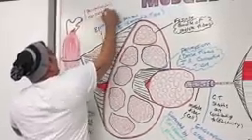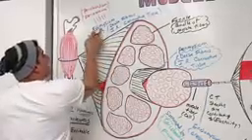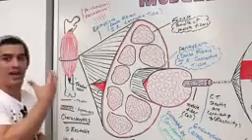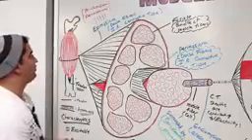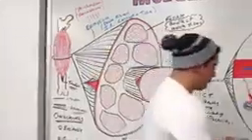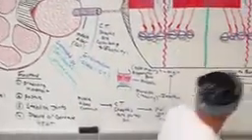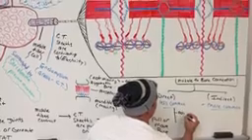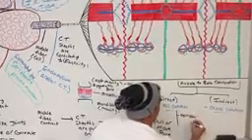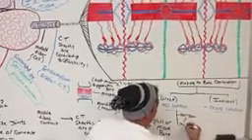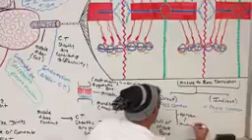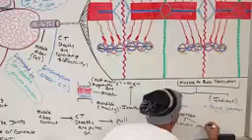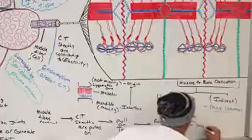Any connection between the epimysium and the periosteum or the perichondrium is a direct connection. So let's write that one down. Any direct connection, which is less common, is going to be epimysium fusing with the periosteum, or fusing with the perichondrium.